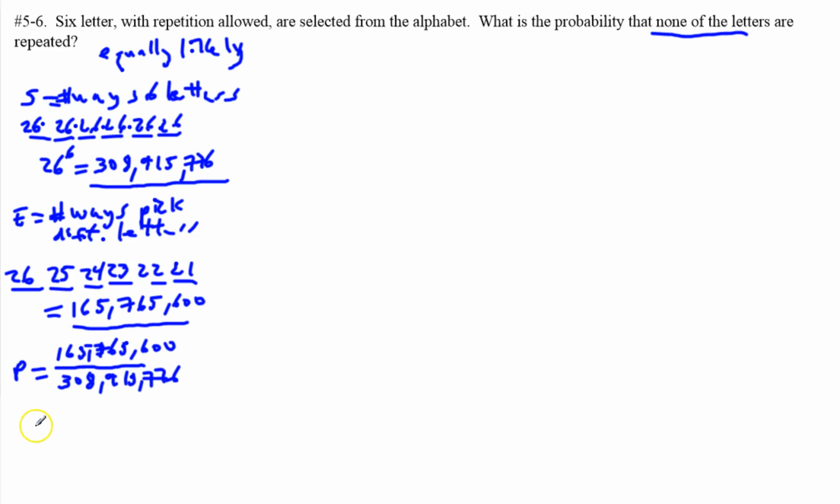And when you put that in a calculator, that turns out to be 0.5366. So just over 53% chance that if I pick 6 letters from the entire alphabet, repetition allowed, there will be about a 54% chance that none of the letters would be repeated. Okay, so that's a good strategy to do it.